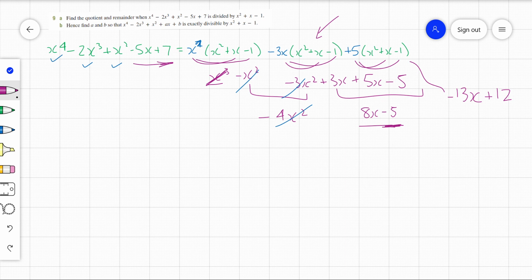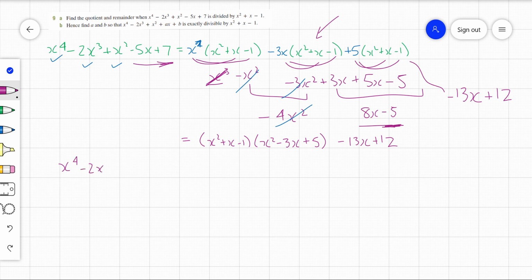So here's our divisor, here's our quotient, the coefficients that we put in, and then our remainder is minus 13x plus 12.